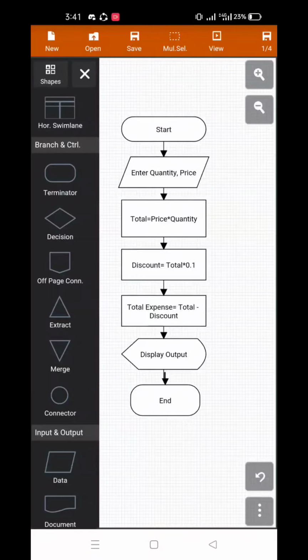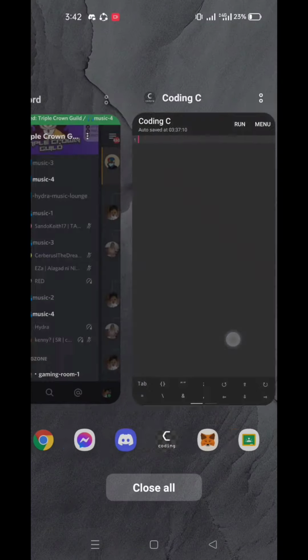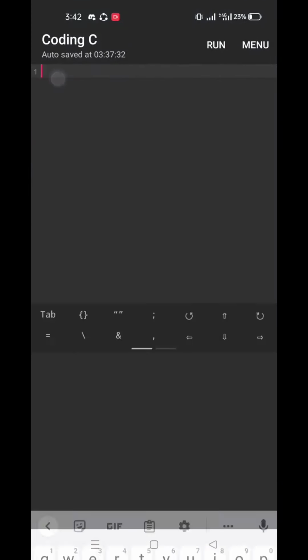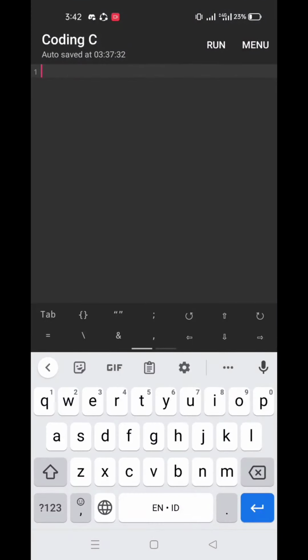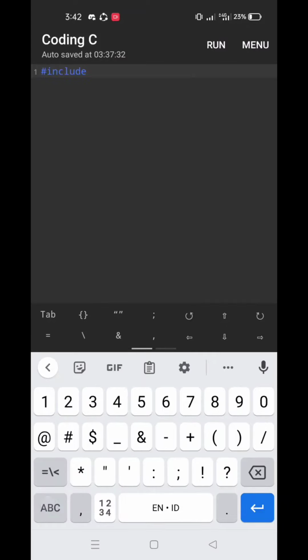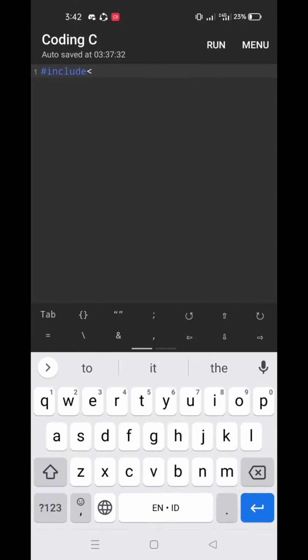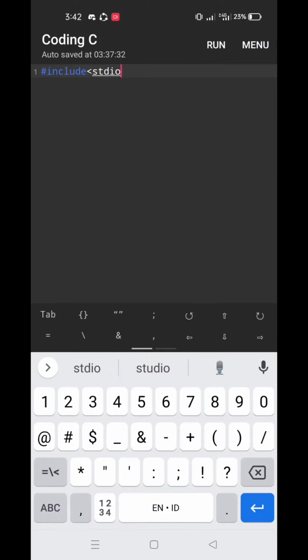Next is the program. So we are going to now program the code here. So first we are going to put the header file, include standard input and output, so stdio.h.